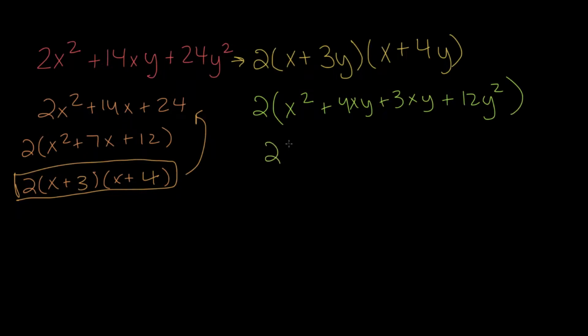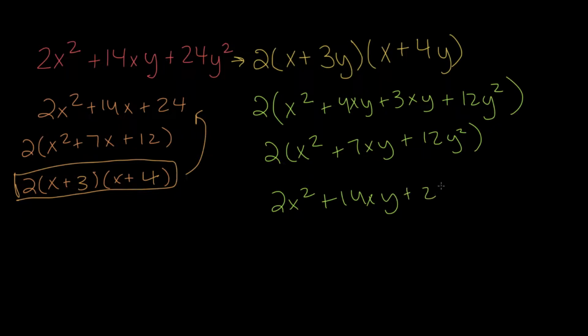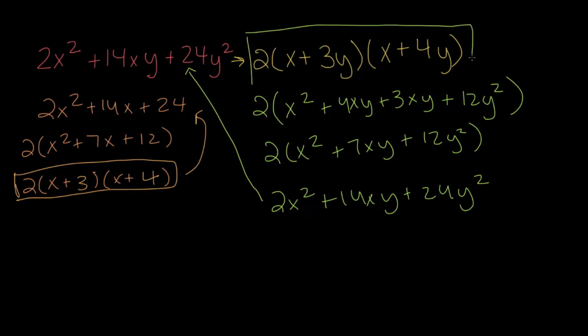So that's the same thing as 2 times x squared plus 7xy plus 12y squared. And if you distribute that 2 out, we're going to get 2x squared plus 14xy plus 24y squared. That is equal to that. And so 2 times x plus 3y times x plus 4y is our final answer.